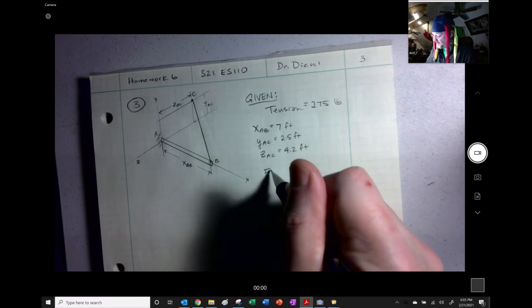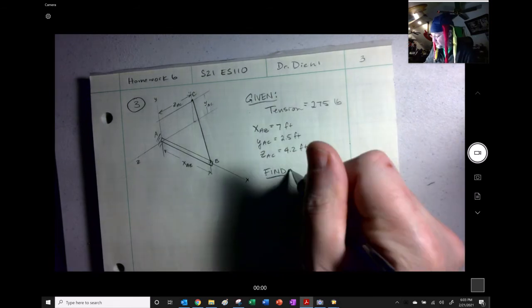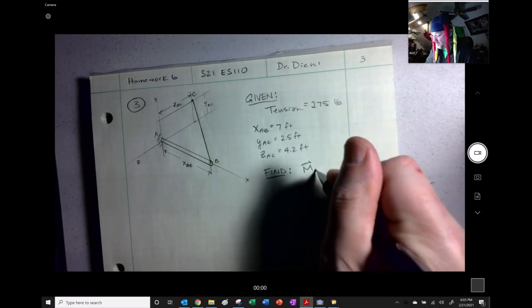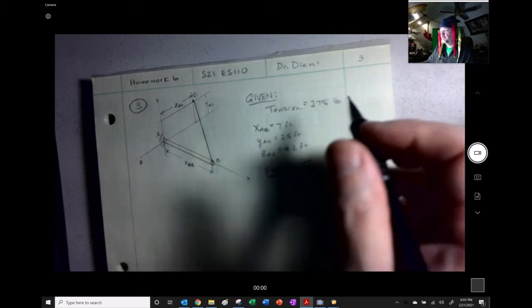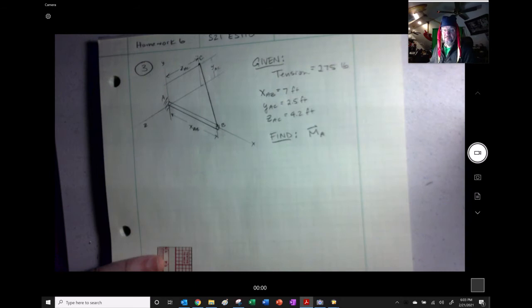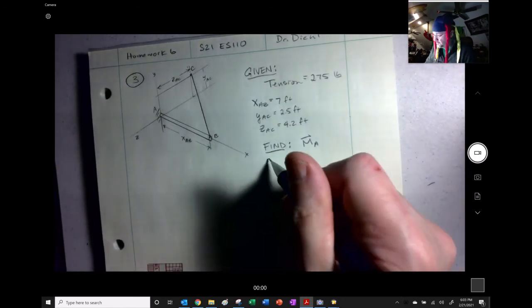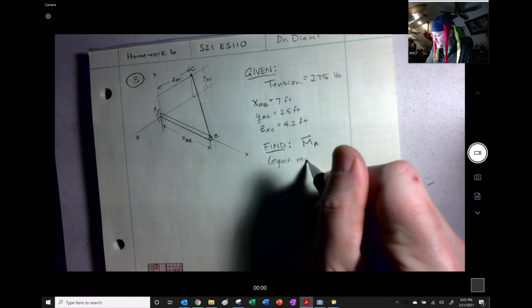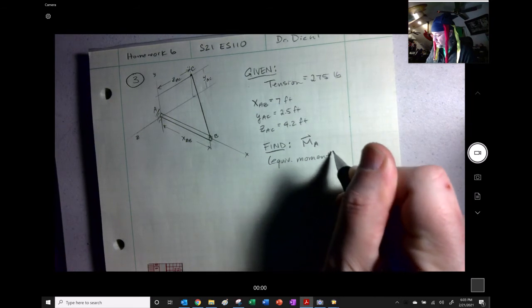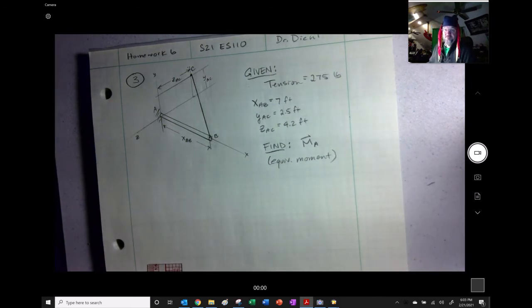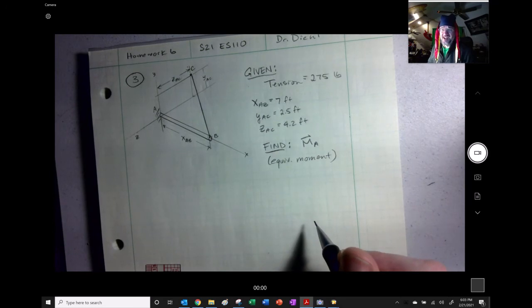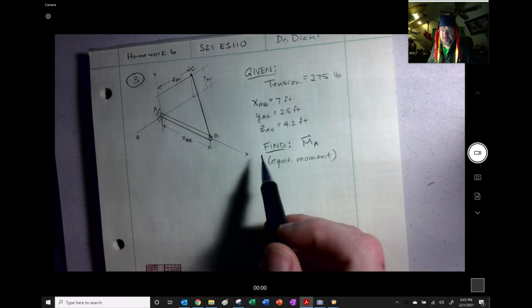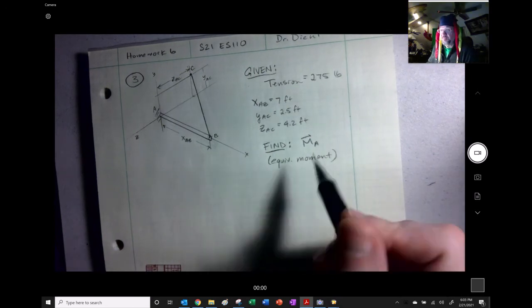And find the moment about A. And this time it's the equivalent moment, remembering this as opposed to the reaction moment. If we want to find the reaction moment, we're going to make sure we're explicit about that, because they're equal and opposite to each other.